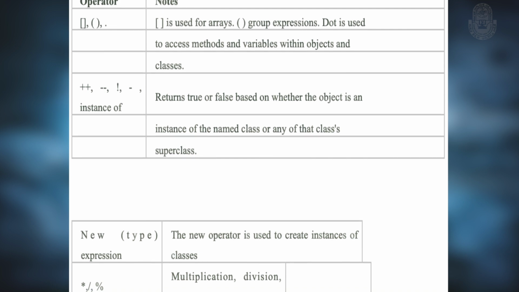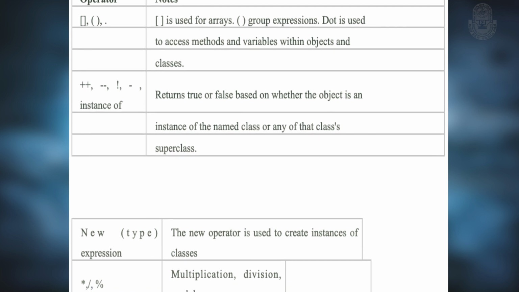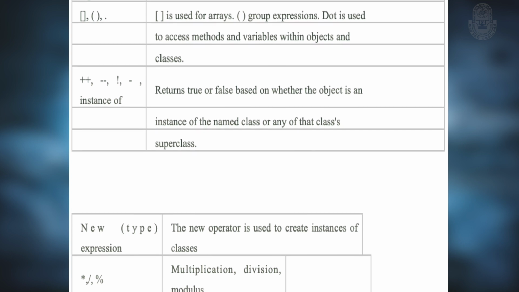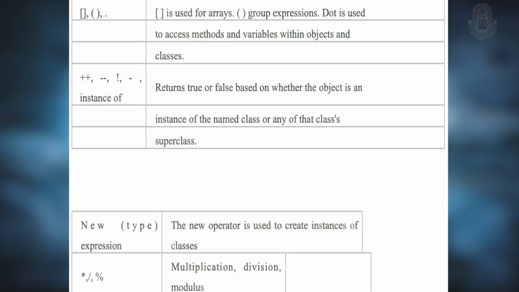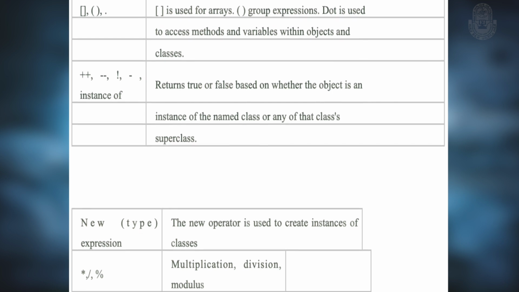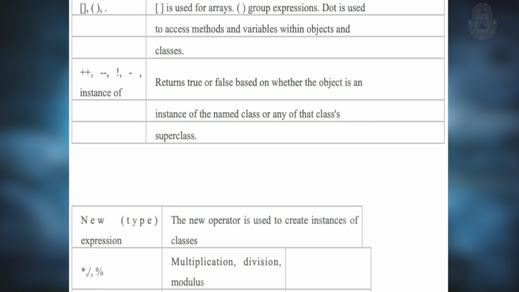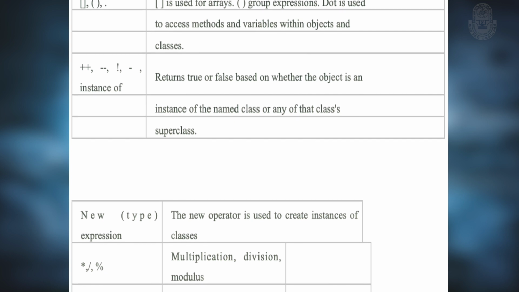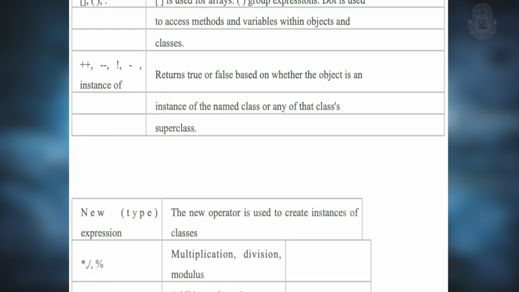The instanceof operator returns true or false based on whether the object is an instance of the named class or any of that class's superclass.